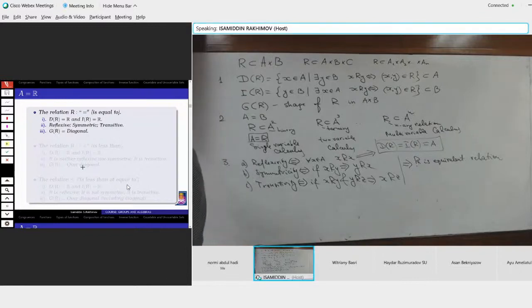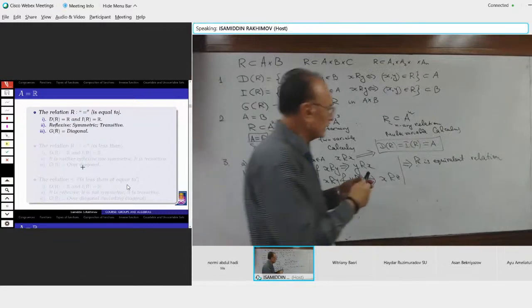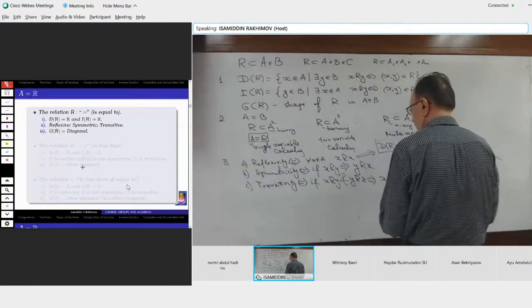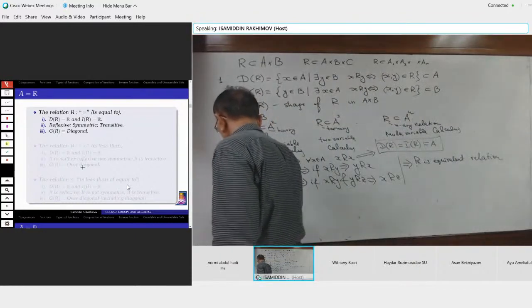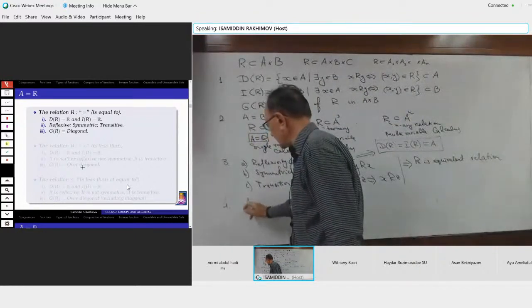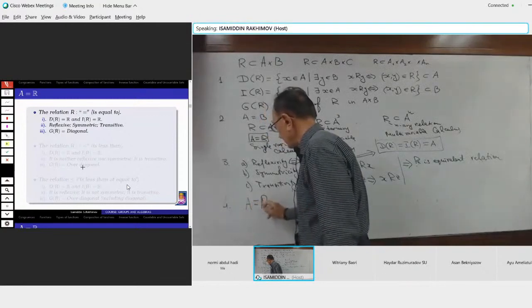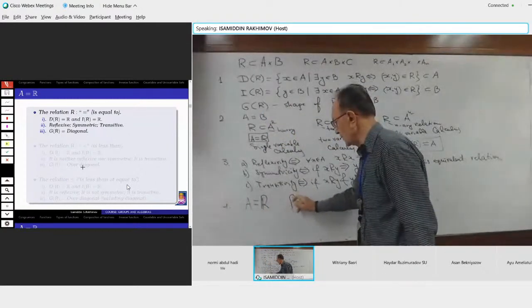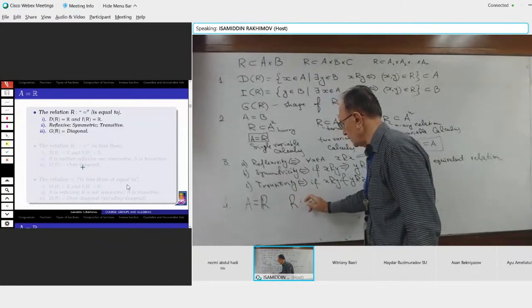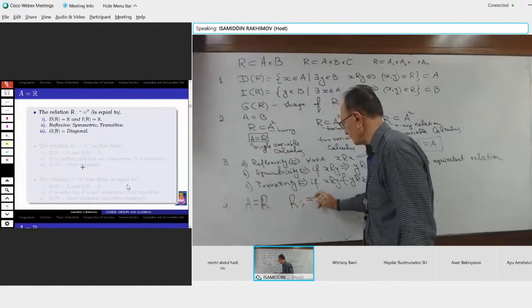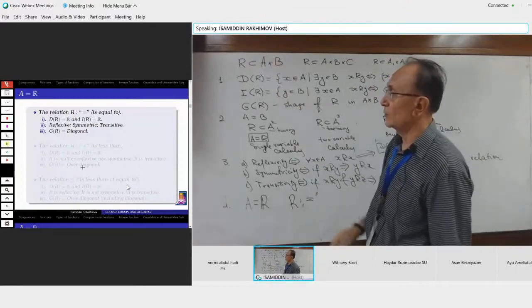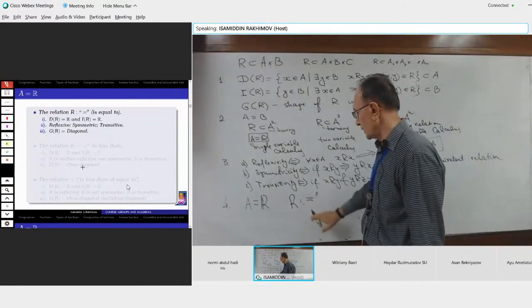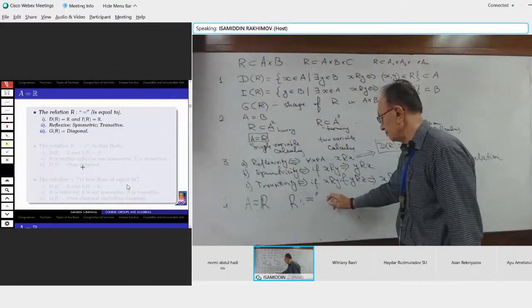Okay. So now, how about the graph? You can draw a graph of this. Number 4. So now A is R, and my relation is the equality relation. According to that discussion, we have the domain, the range, and this one is an equivalence relation.